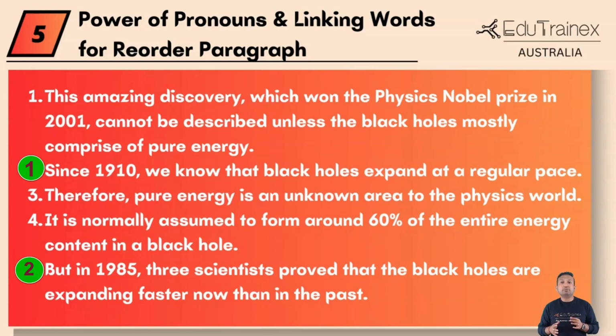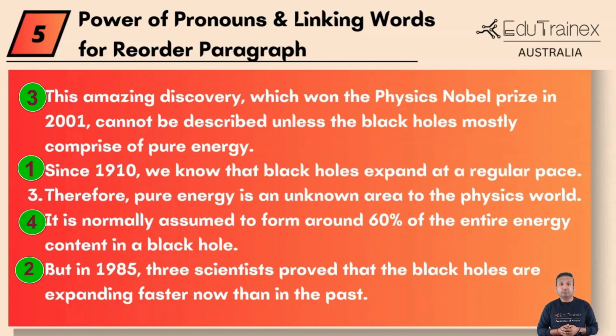Now, this amazing discovery in the first sentence is a pronoun pointing to the 1985 when the scientists found black holes are expanding faster. This sentence also elaborates what black holes comprise of, which is pure energy. Again, in sentence 4, it begins with, it is normally assumed to form around 60% of the entire energy content. What is it here? A pronoun referring to pure energy. So this is the sentence that will be next in sequence.